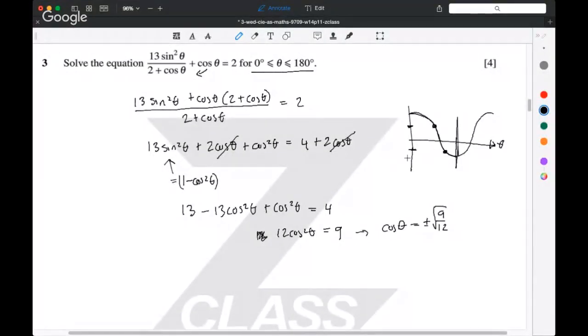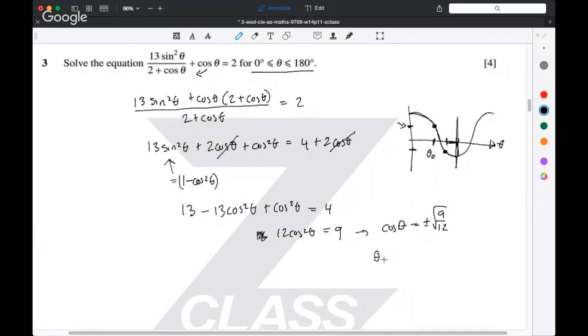So if you plug into your calculator, you'll get this value. Sorry, this one. And you also need that one. So you'll get some theta naught, and you'll realize that the other value is, in fact, you can just plug it into your calculator, but take the inverse.